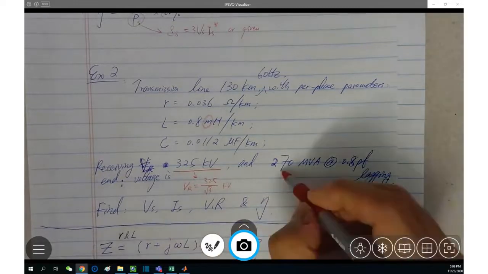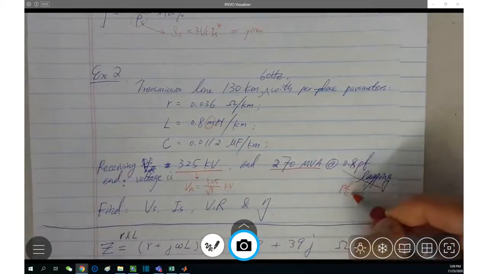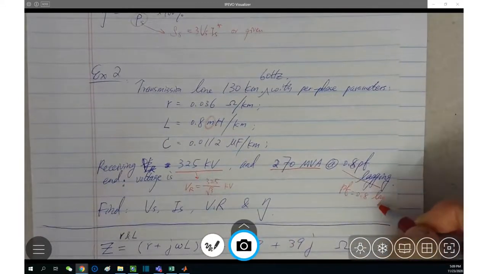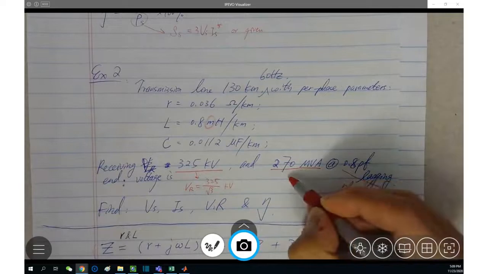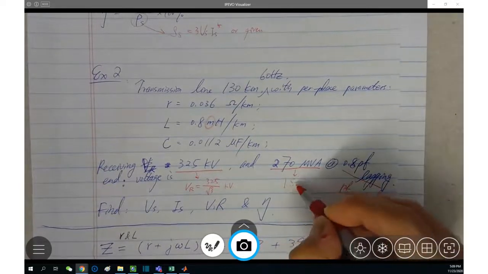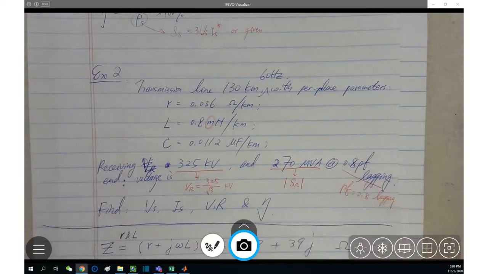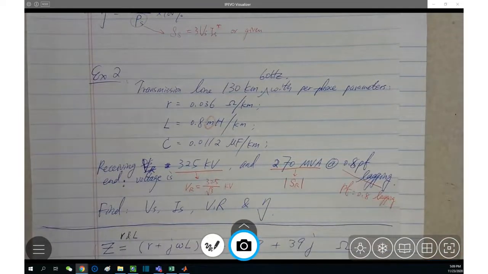And also, these are what? This is power factor 0.8 lagging. This is what? Magnitude of SR, right? Not SR yet, it's the magnitude of SR. This is the same thing we need to do in example 1 for the short line model.